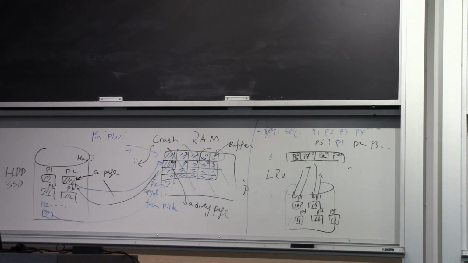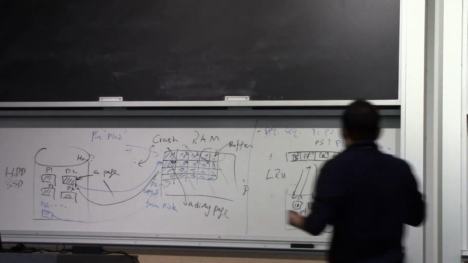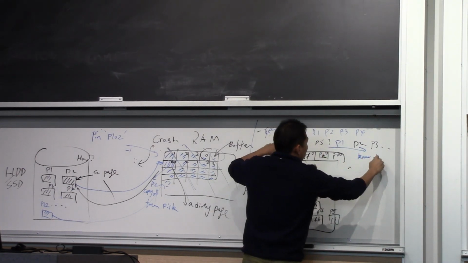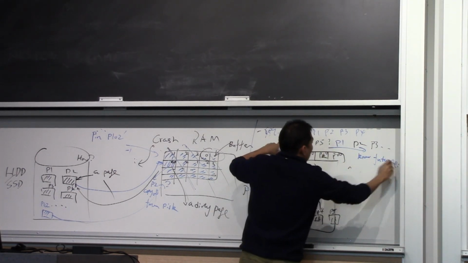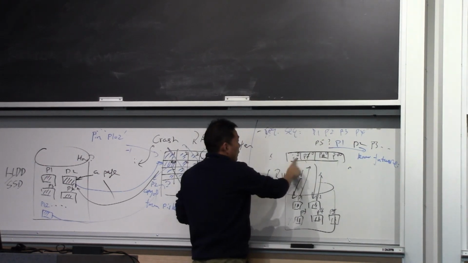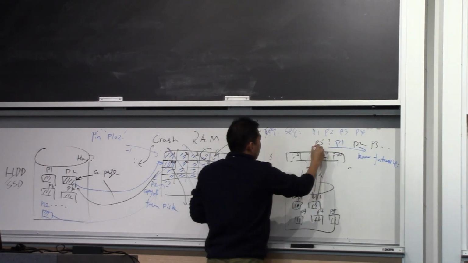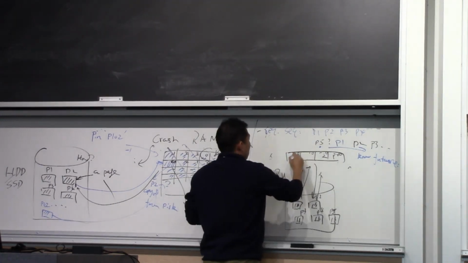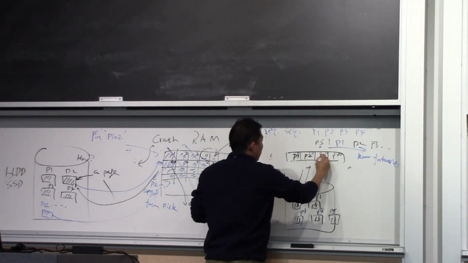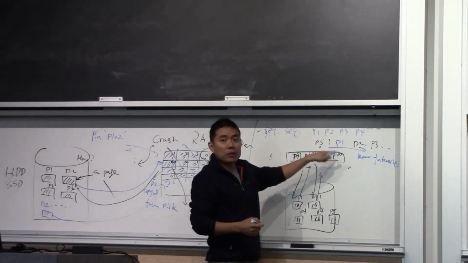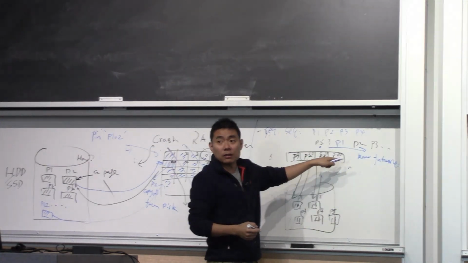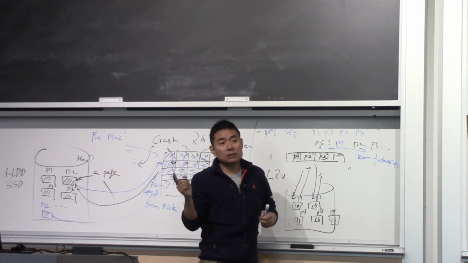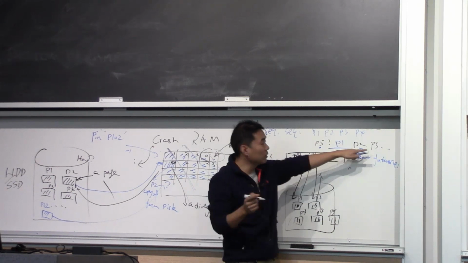You may say, okay, in this case, maybe I should use a different policy. If you know the future, and you know this is what's going to happen, let me restore to this particular state. If you know that's what's going to happen when P5 is here, which one should you be replacing? If you know this is what's going to happen next.